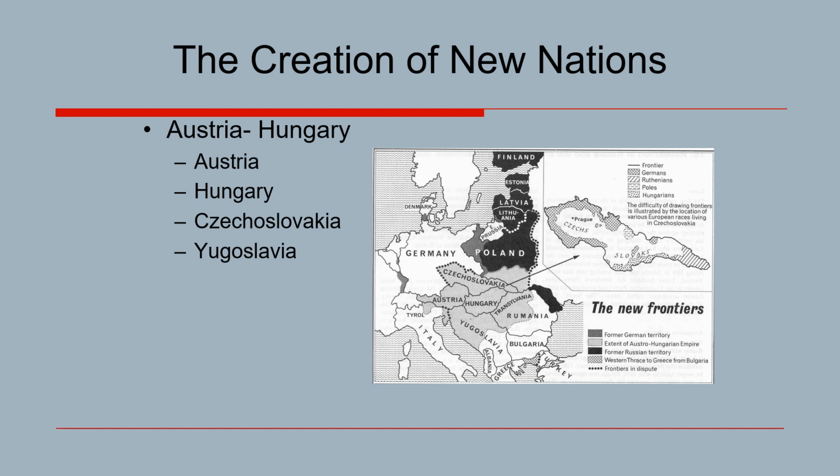The great task of the peacemakers in Paris in 1919 is to recreate the European map. And they do this with an eye towards self-determination, trying to create a map that is less imperial, less controlled by empires, and more nationalistic and controlled by nationalities and the creation of nation states.